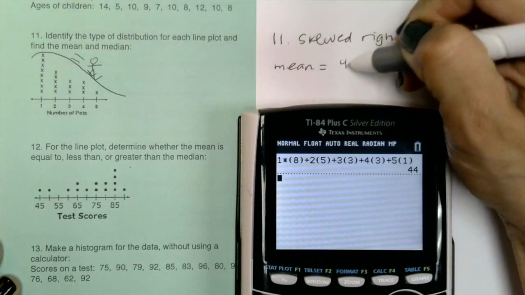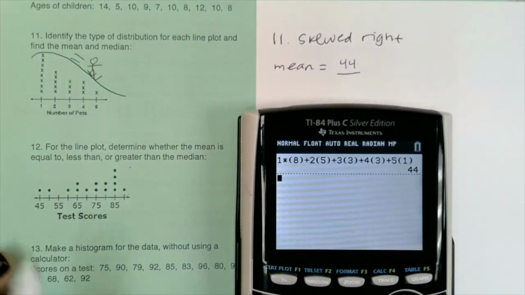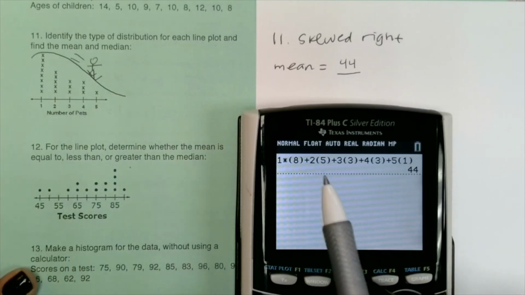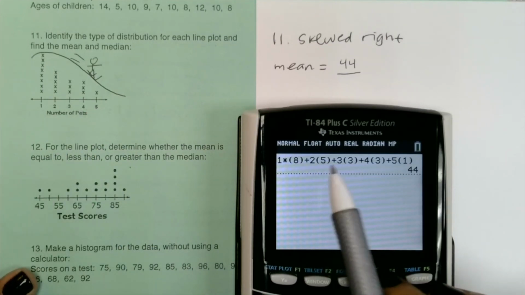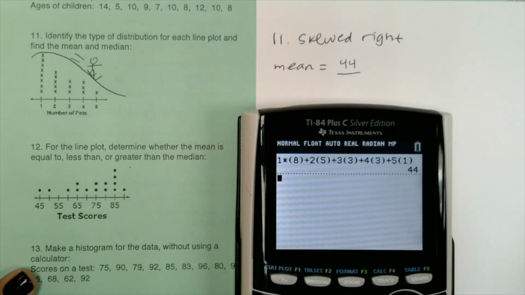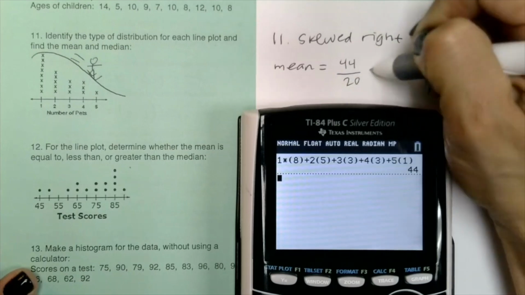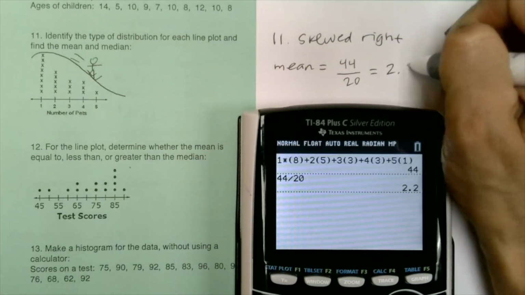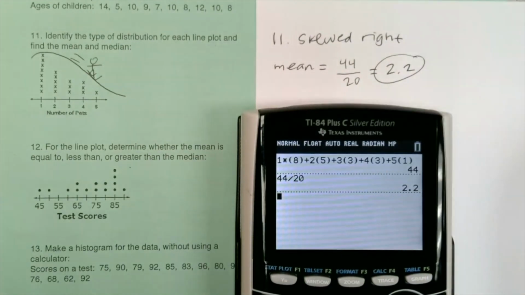You have 44 total divided by, and then we'll need to count how many x's there are in total. So that would be 8 plus 5 is 13, plus 3 more is 16, plus 3 more is 19, plus 1 more is 20. So you have 20 values. And so you end up getting 2.2, and that will be the mean.